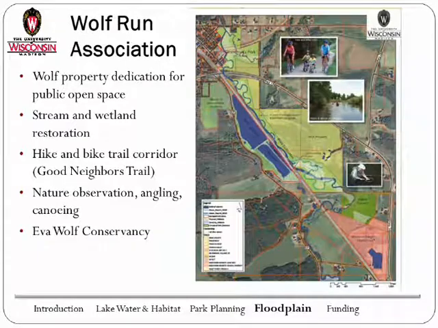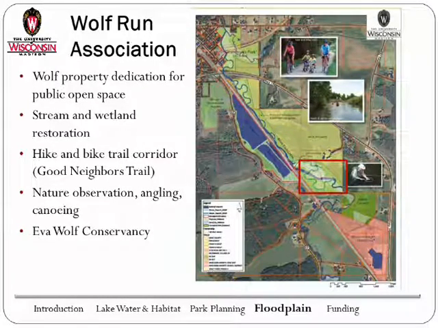And then zooming back, looking at the bigger picture, the area that we've just been discussing the past few slides is right here. But there's also the Wolf Run Association that's looking at how this fits into the larger picture of the Black Earth Creek corridor.